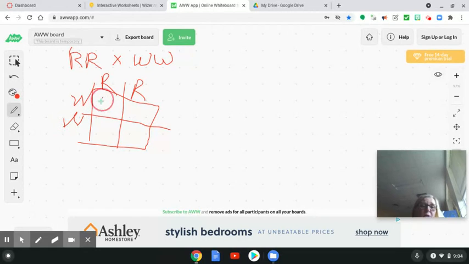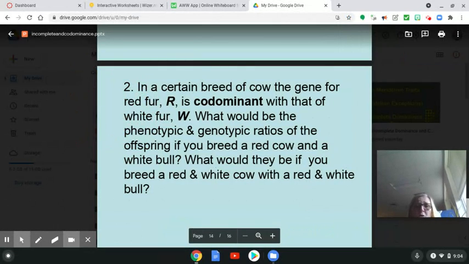All right, so you're going to have RW, RW, RW, and RW. So the phenotype is going to be 100% red. The genotype is going to be 100% RW. Let's look at the next one.